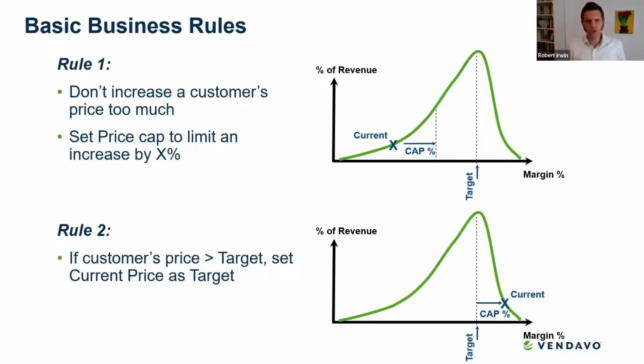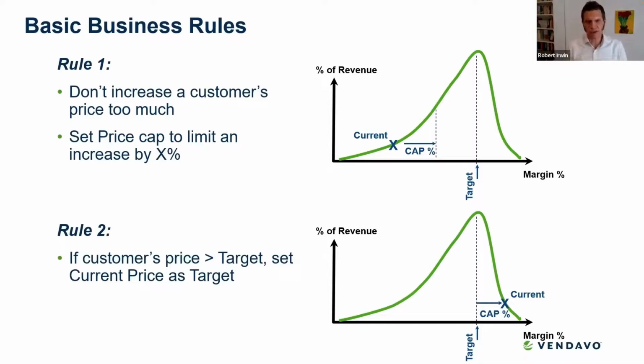Two basic scenarios that we almost always use across the board with our customers. The first one is, of course, I have this distribution of data. I'm going to recommend a target price. For some sales teams, for some customers, that's a high jump to ask for in one go.